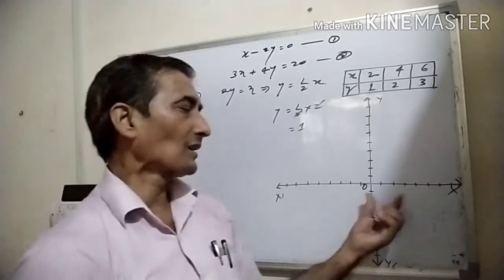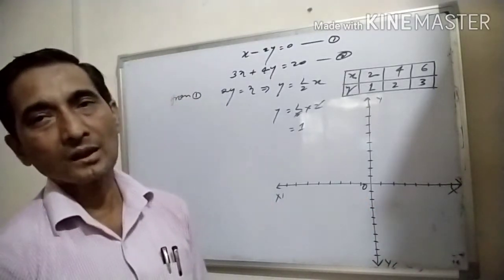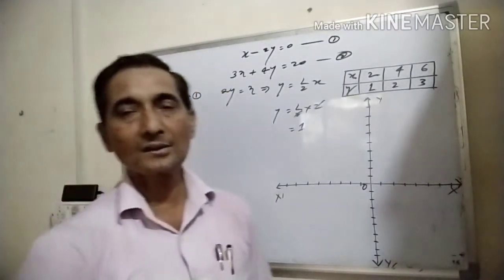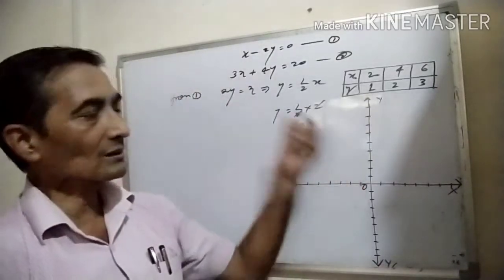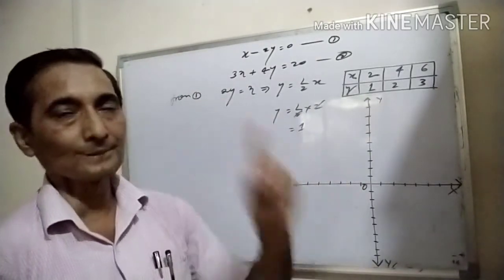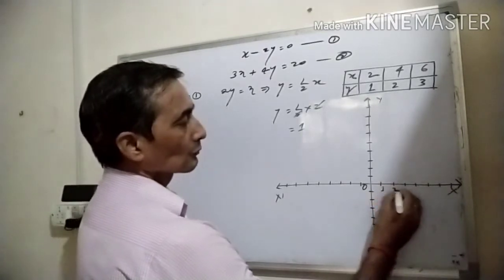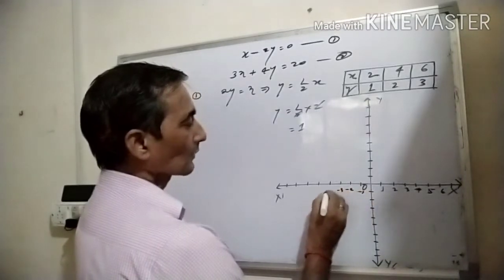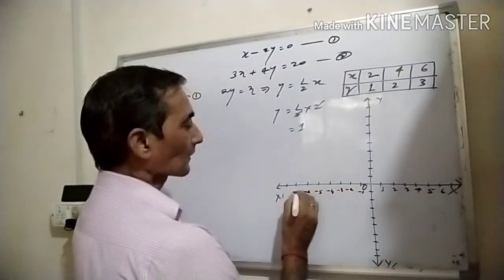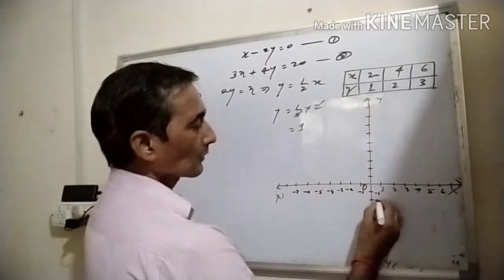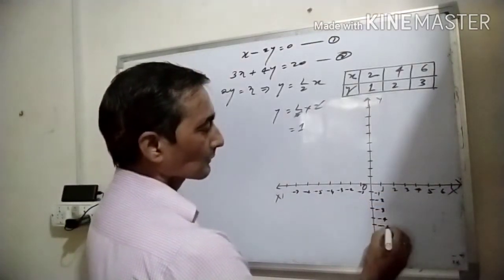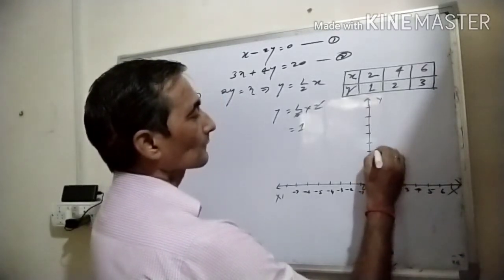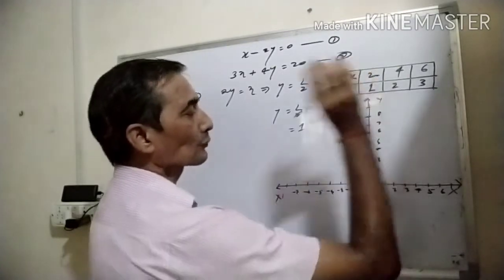You know, on the x-axis the right side has all distances positive and the left side all negative, and on the y-axis above is positive and below is negative. So 1 2 3 4 5 6, minus 1 minus 2 minus 3 minus 4 minus 5 minus 6 minus 7 and so on.